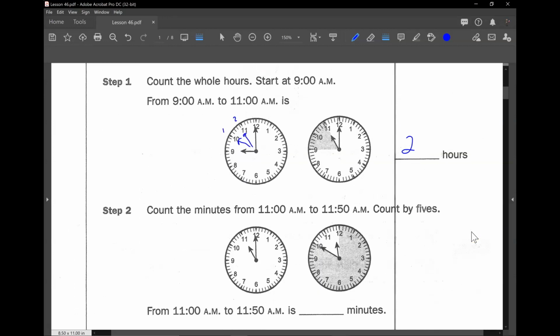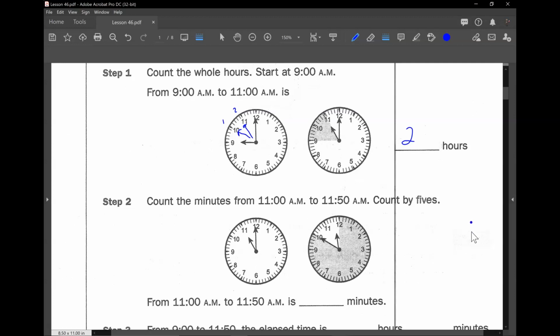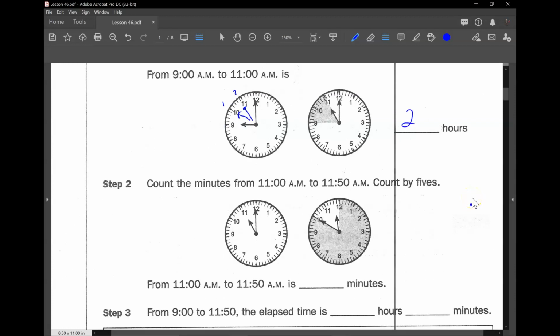Step 2. Count the minutes from 11 a.m. to 11:50 a.m. Count by 5s. Now remember, on the clock, each space is 5. So the 12 o'clock would be like 0, 5, 10, 15, 20, 25, 30, 35, 40, 45, 50, 55, 60.